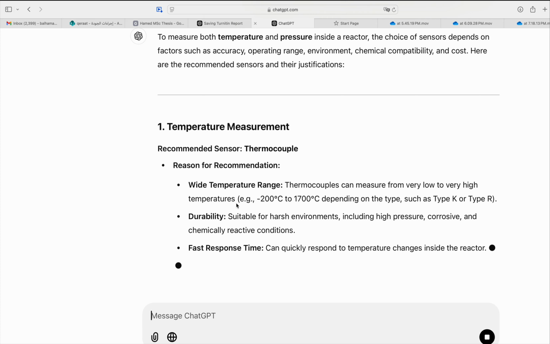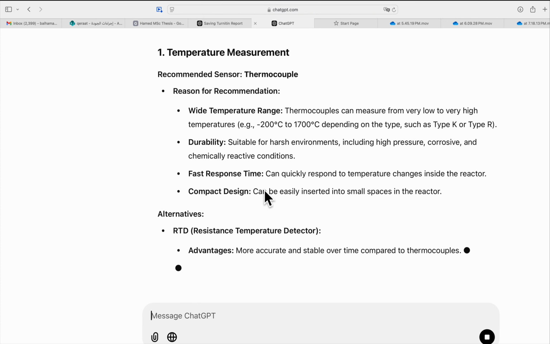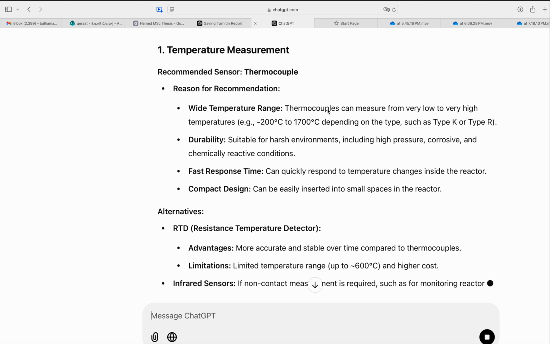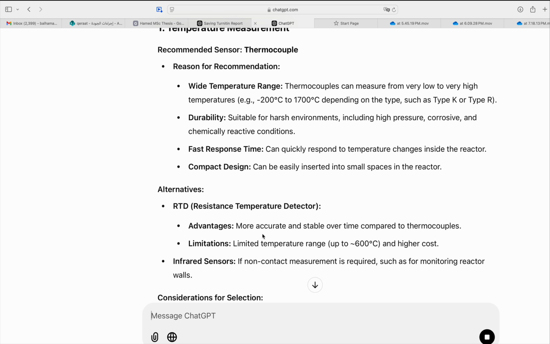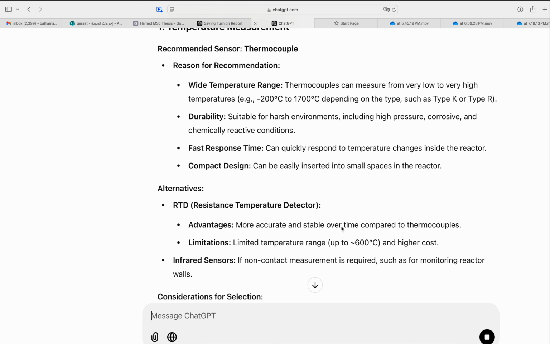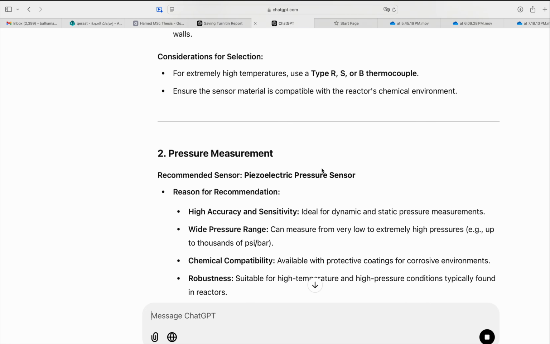That's why I asked whether it has a high temperature or not, and if it needs a very wide temperature range, then thermocouples could do it. But we also can use RTD, which is more accurate and stable over time, but we're going to have limitations with the range up to 600 degrees centigrade. And now you can see how we are trying to compare and find a suitable temperature sensor.